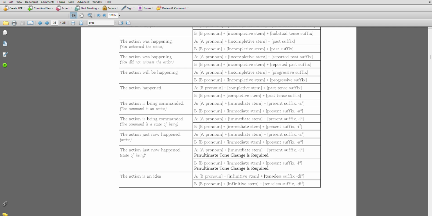But in order to convert this to the action just now happened, it will require a penultimate tone change if you're going to use this stem to say just now happened. You could also use the completive stem and say something happened in the past, but then use an auxiliary word like kilo or kiloan, like just now, and that's still going to say it just now happened. That could be a simple workaround until you get better familiar with these tone changes.